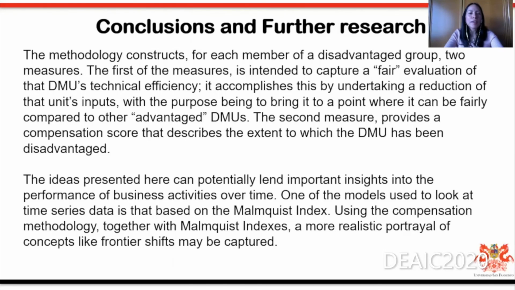The first measure is intended to capture a fair evaluation of the DMU's technical efficiency. It accomplishes this by reducing that unit's inputs, with the purpose of bringing it to a point where it can be fairly compared to other advantaged DMUs. The second measure provides a compensation score that describes the extent to which the DMU has been disadvantaged.